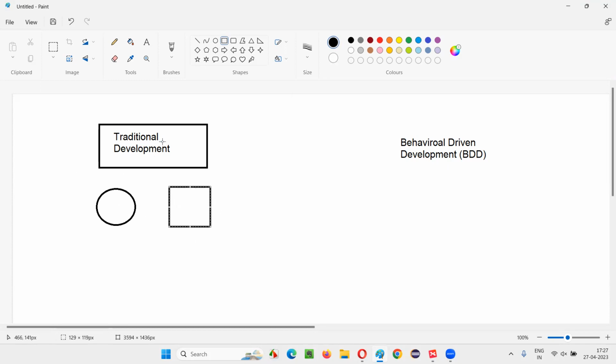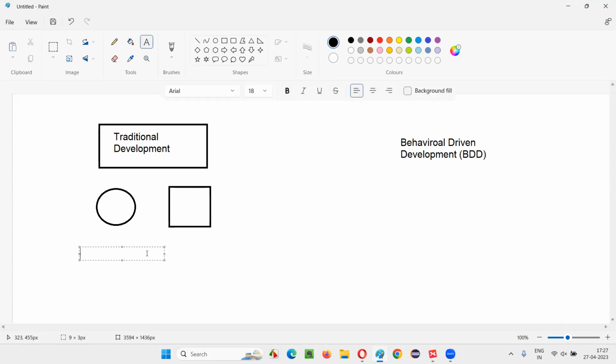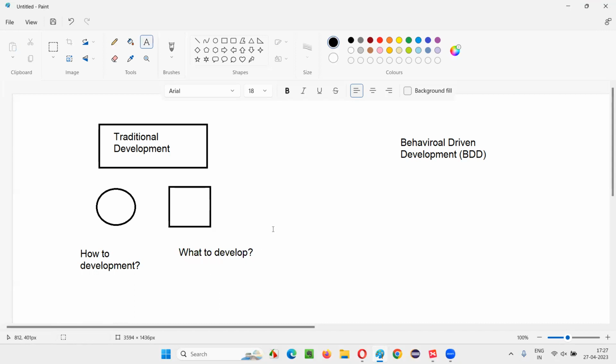So what's going wrong in traditional development is that developers or the technical team give more importance to how to develop than to what to develop. Let's take a real world example.